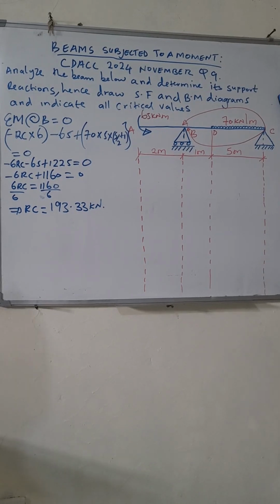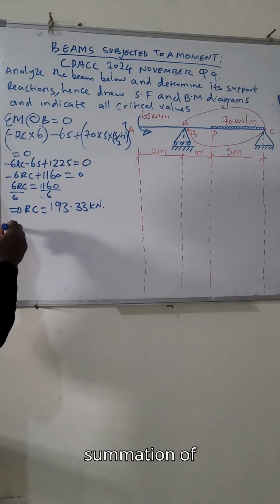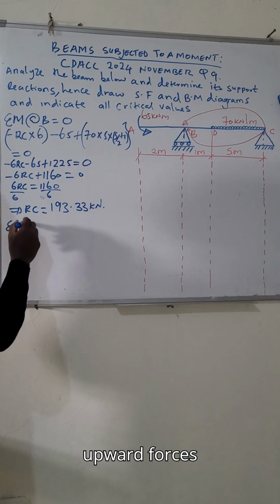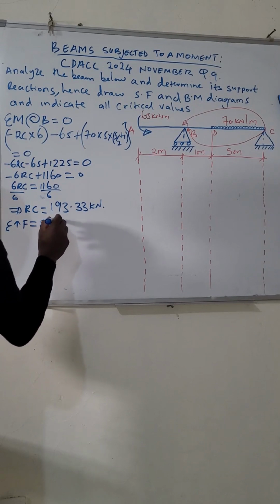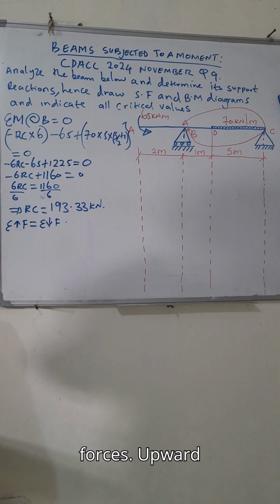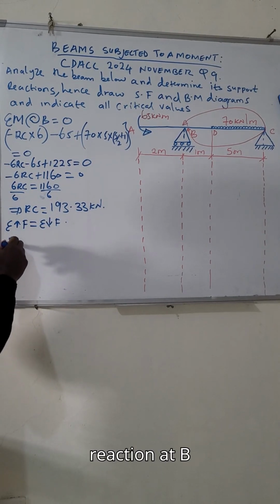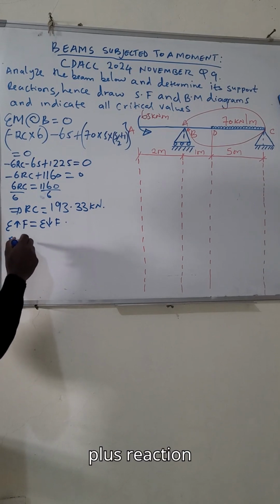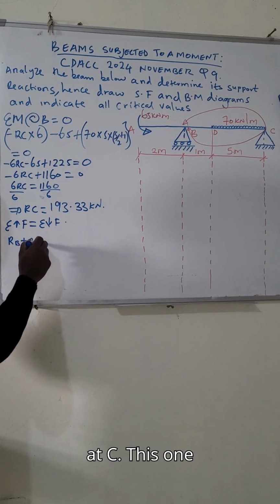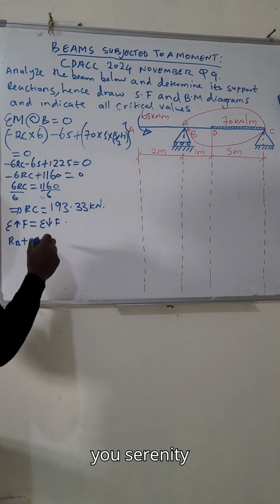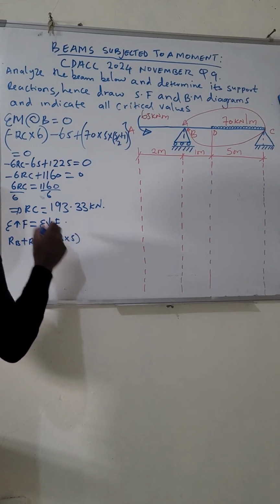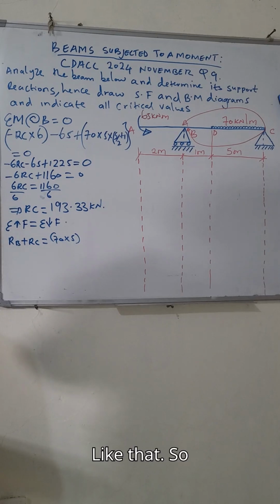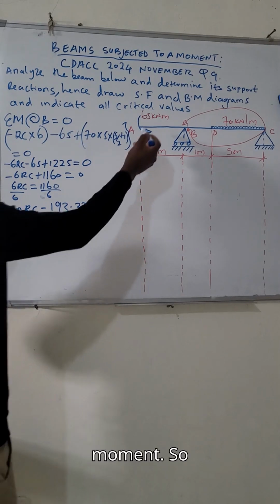We know that summation of upward forces should be equal to summation of downward forces. Upward forces is reaction at B plus reaction at C. This one should give you 70 times 5, like that. So this is a moment.